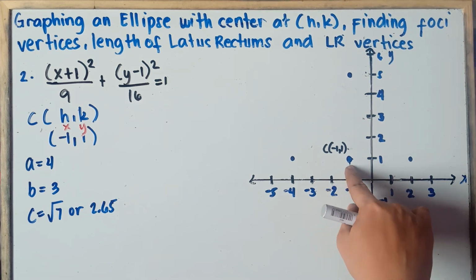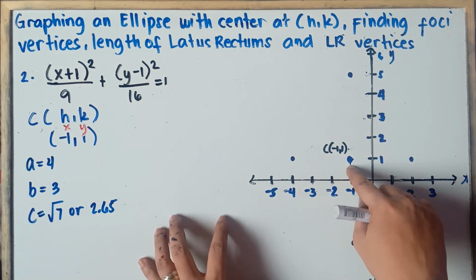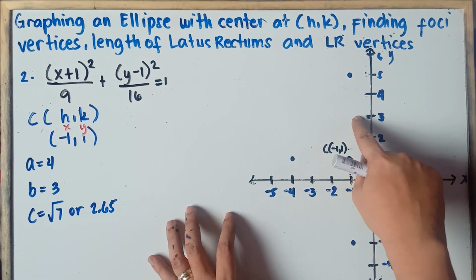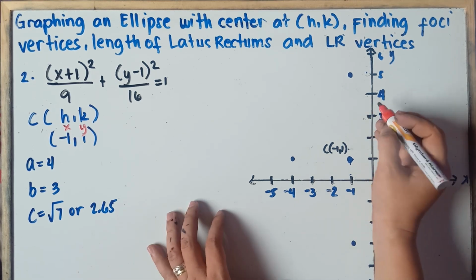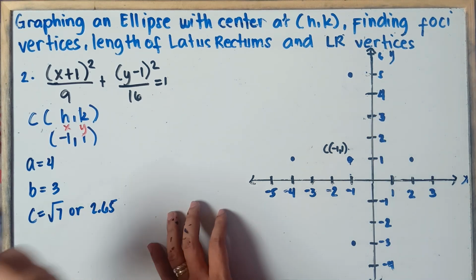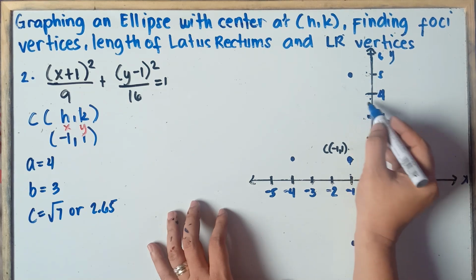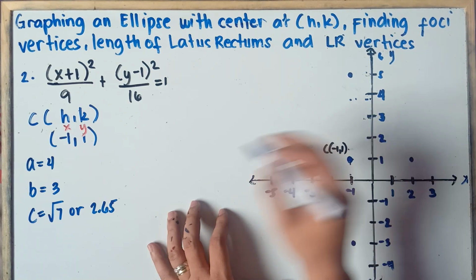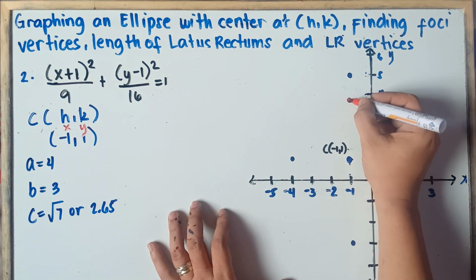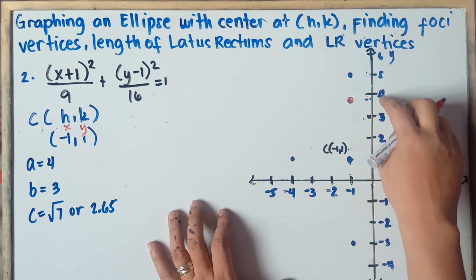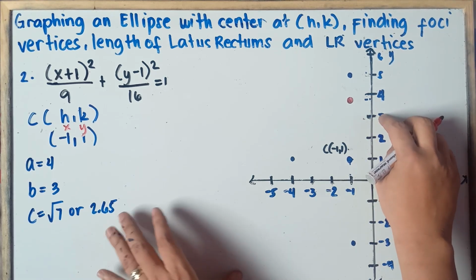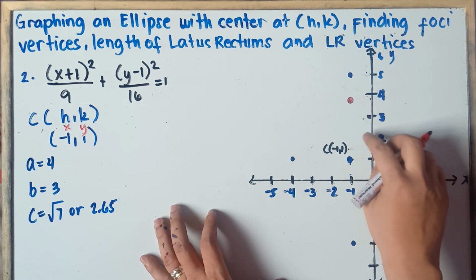So you start at the center and then 2.65 units upward, 1, then 2, then this is 3.5, so 0.65 is more than half between 3 and 4. So this one right here, simply estimate, class. Alright, so this will be our focus. Once again, 1, then 2. This is 2.5, in between 3 and 4 is 3.5. So we have 0.65, more than 0.5.